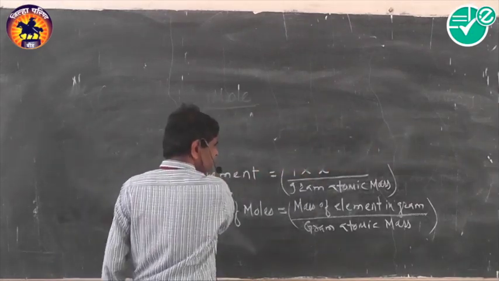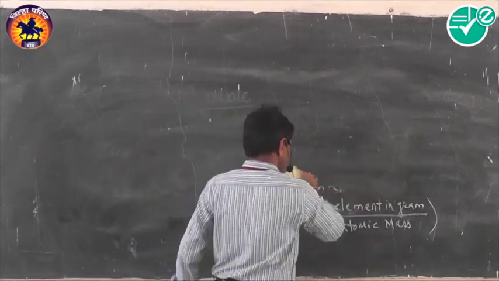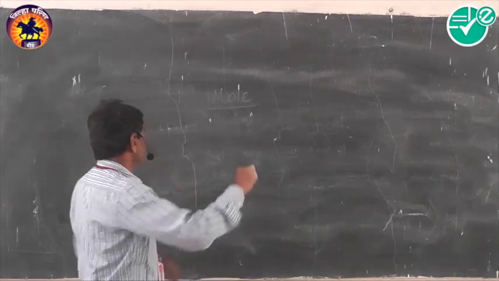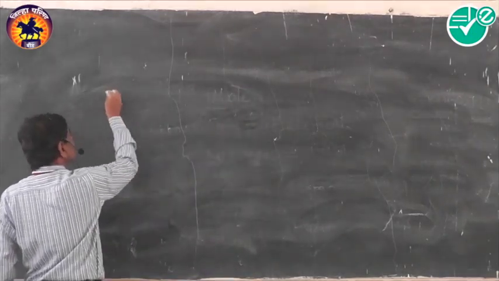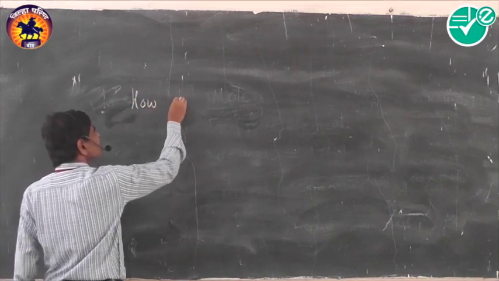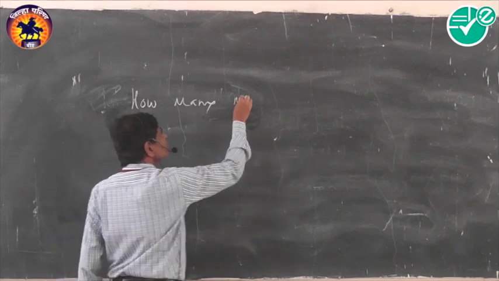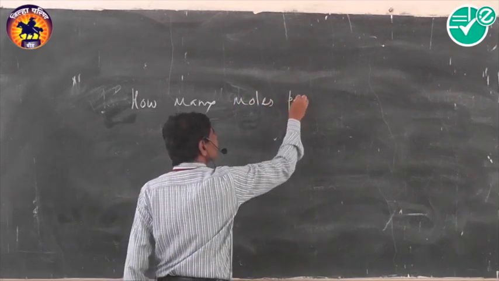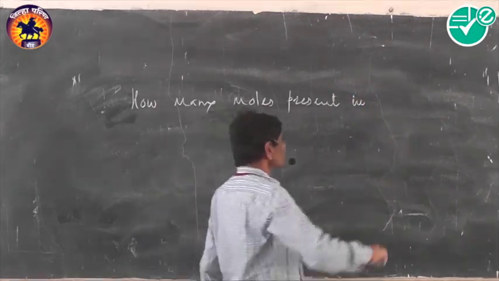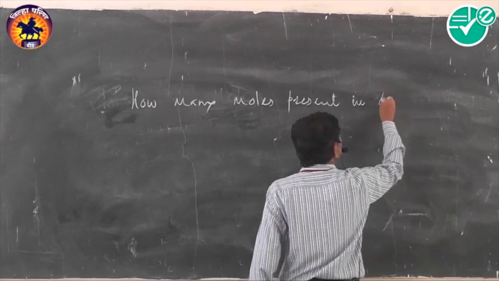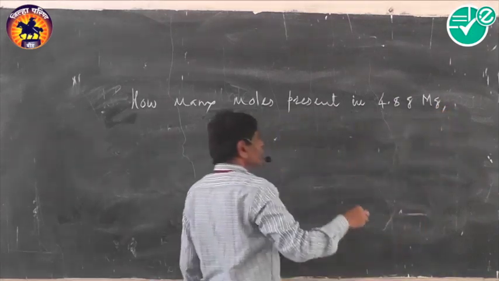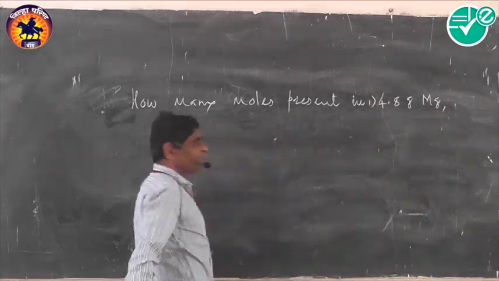Now for example, how many moles are present in 4.8 gram magnesium?